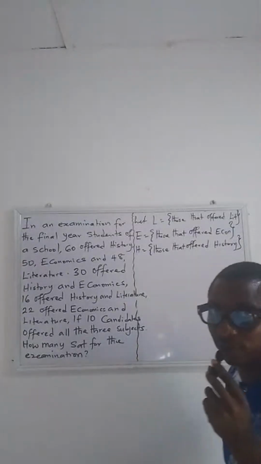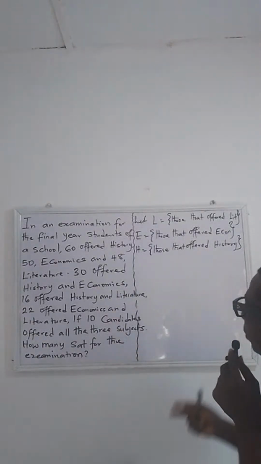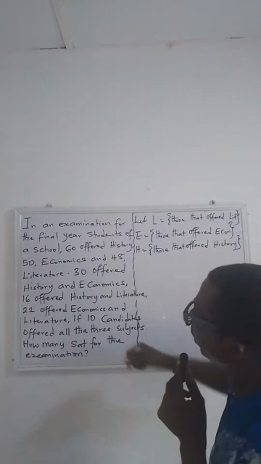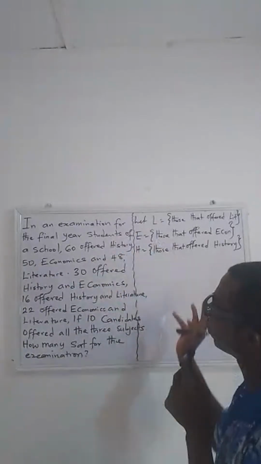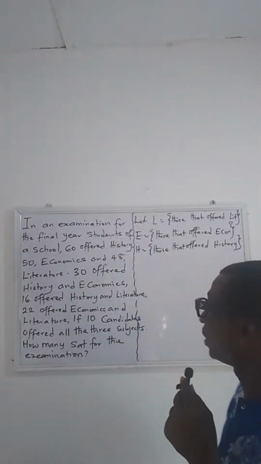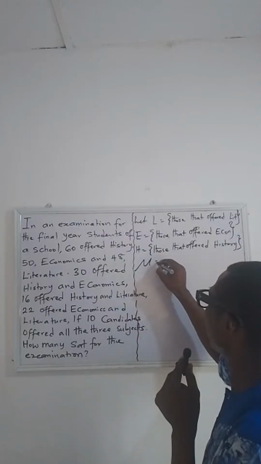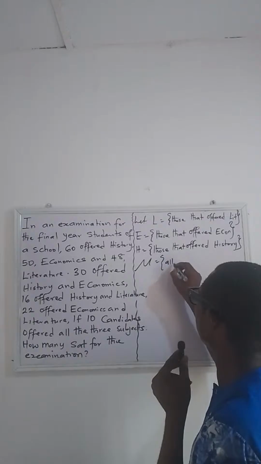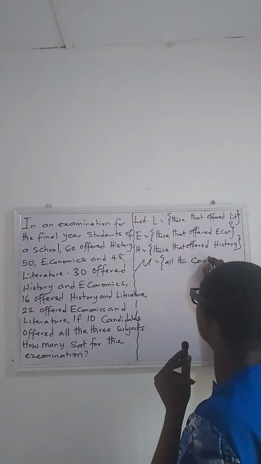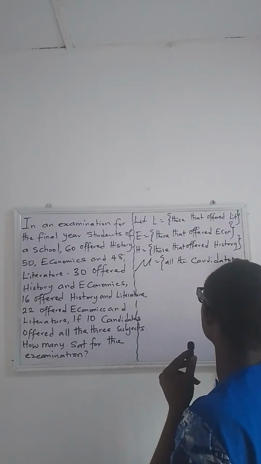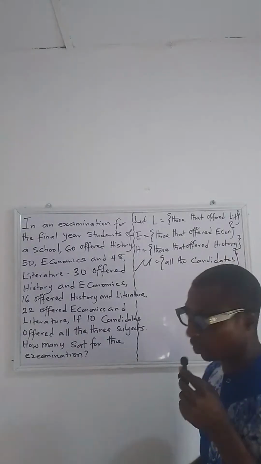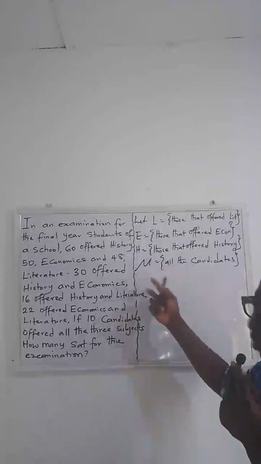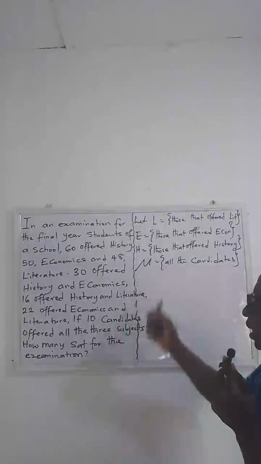That is the first thing we have to do because we are going to make use of all these letters. There should also be a universal set, the total number of students that sat for the examination. Let's represent that with our column, the set of all the candidates. That is actually what we are looking for: the number of all the candidates.